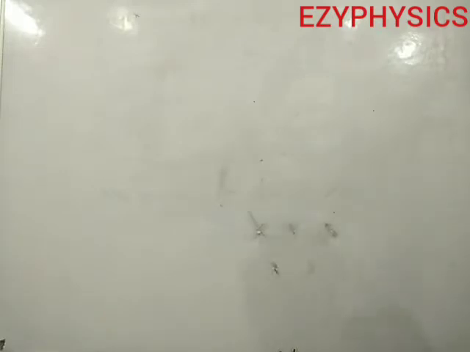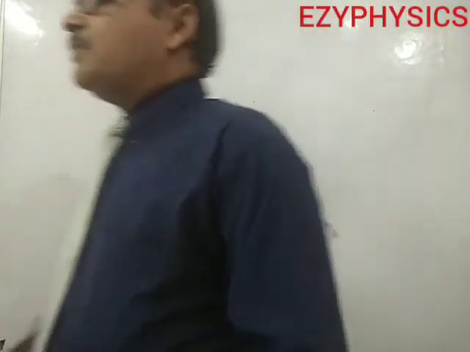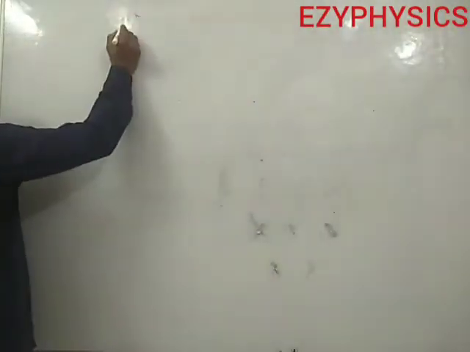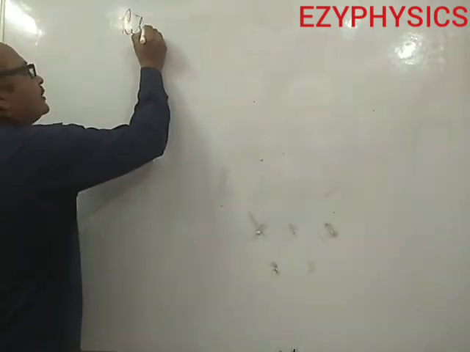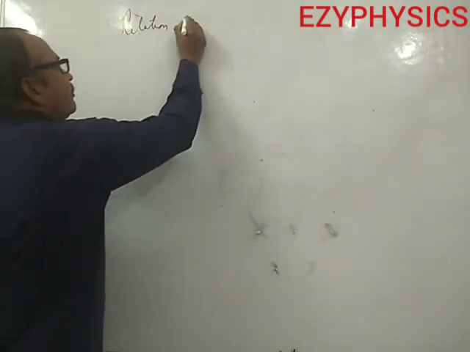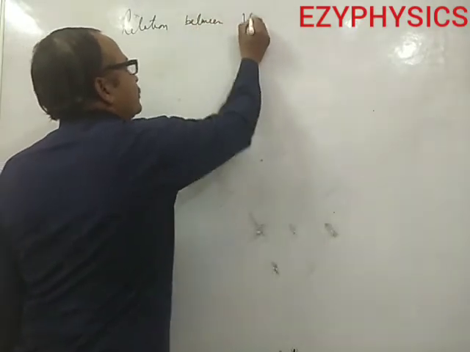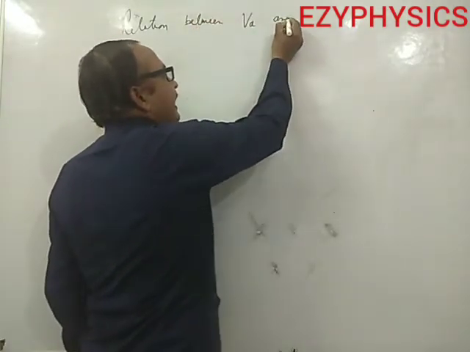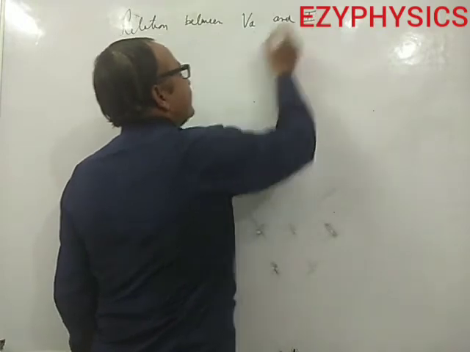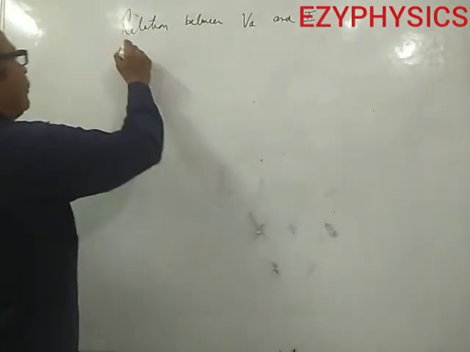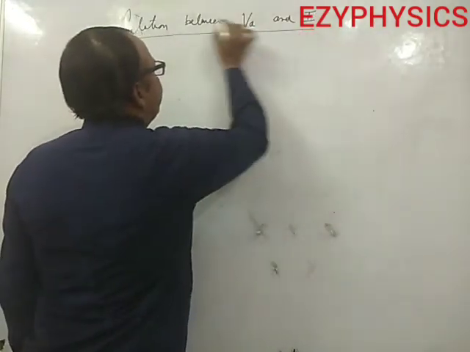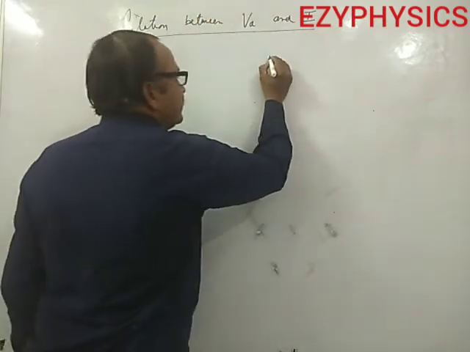So my dear friends, now we are going to start the article on the relation between the drift velocity, Vd, and the electric current I. This is our topic: the relation between Vd and I.